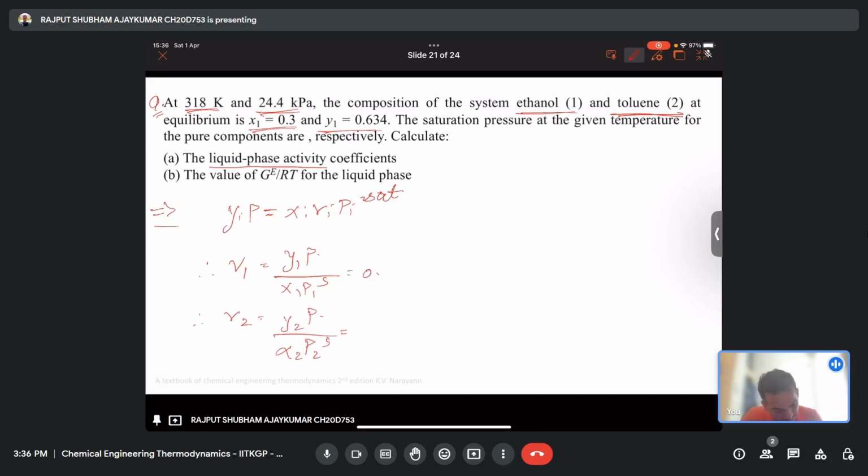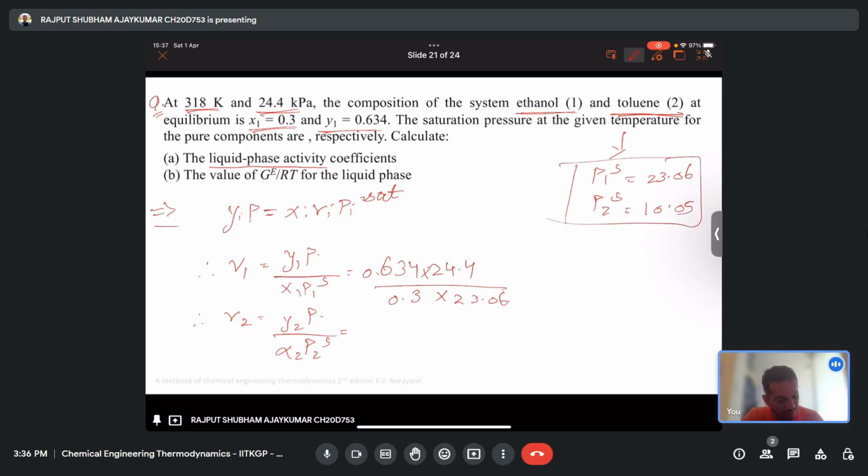So y1 is 0.634, total pressure is 24.4, x1 is given as 0.3, into the saturation vapor pressure. I forgot to mention the saturation vapor pressure of the pure components in the question: P1 sat is 23.06 and P2 sat is 10.05. These two are already there in the question.